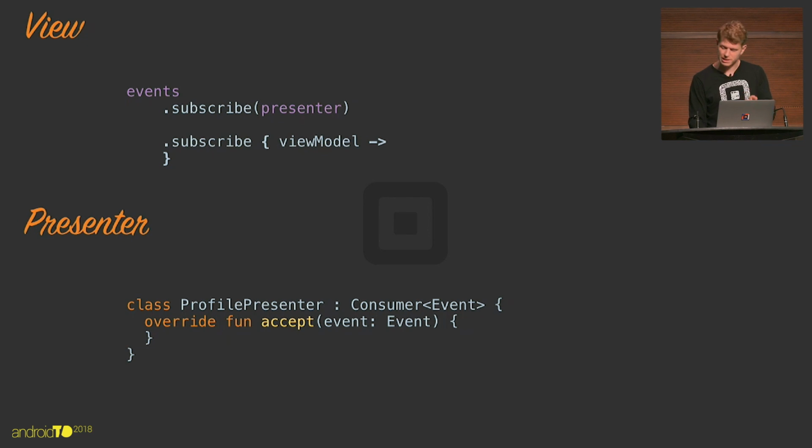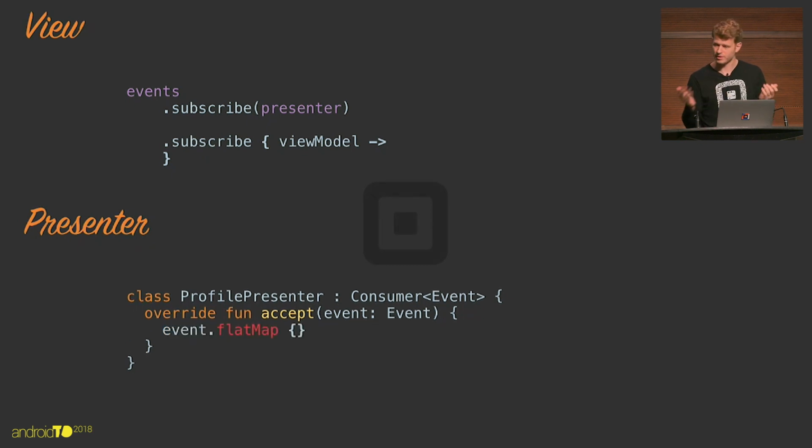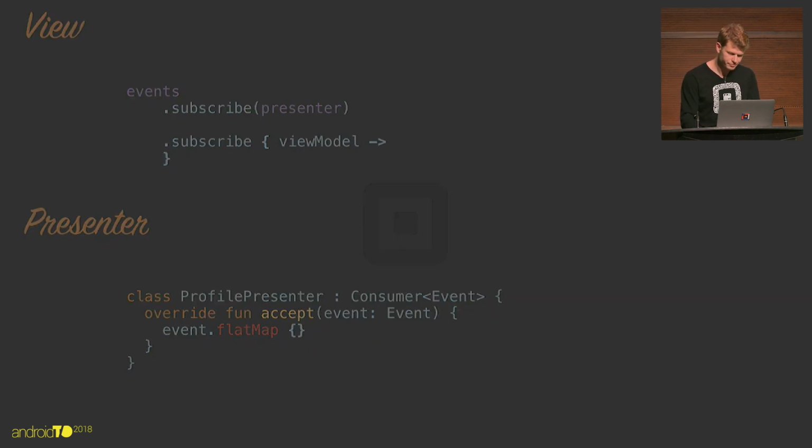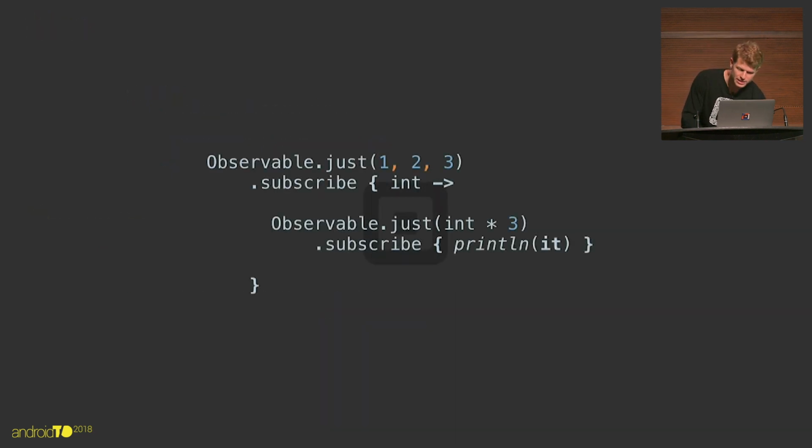And inside the accept method, even though we had an observable of events and we wanted to play with it, now we get an event object, which is back to the non-reactive world. So there is no flatMap. If we wanted to go back to the stream, we would need to do Observable.just or stuff like this. And this is close to this.